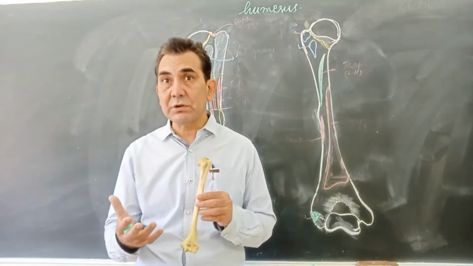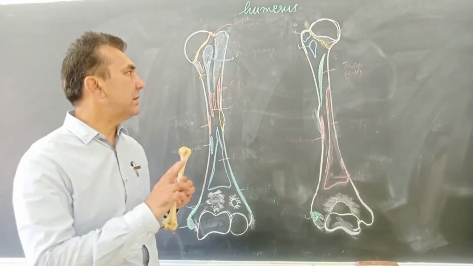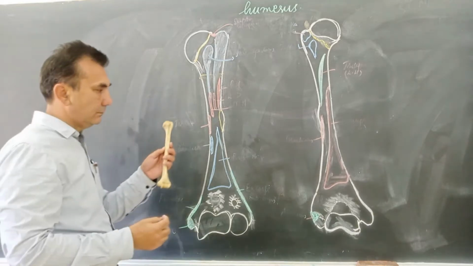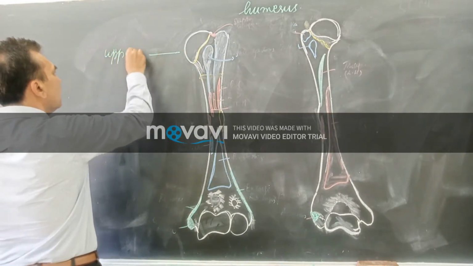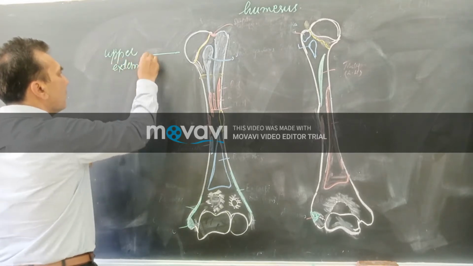What is the characteristic of a long bone? It has three portions. This portion is the upper extremity, cylindrical and rounded in shape.